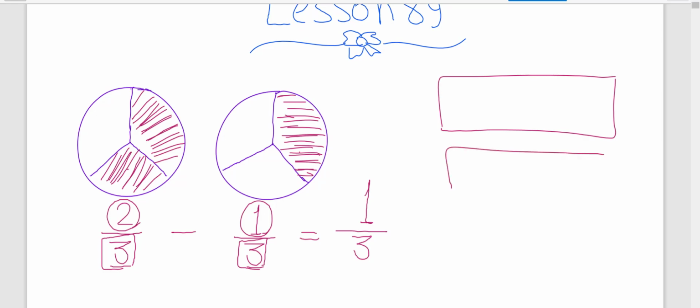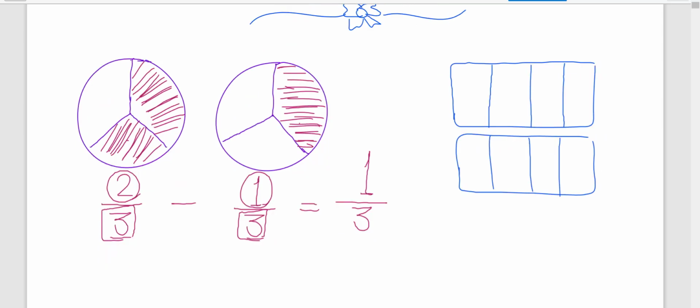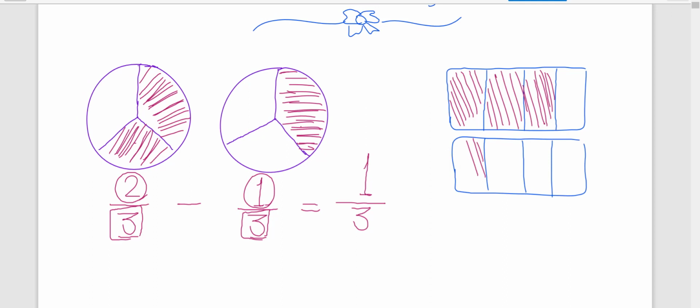For example, if we have two models and the first model is shaded of 3 parts and the second model is shaded of 2 parts, and write the two fractions.